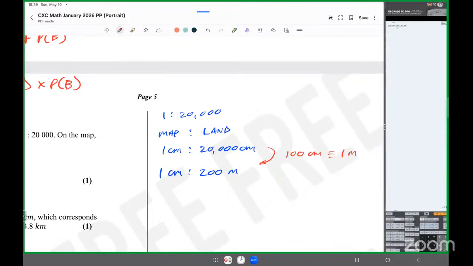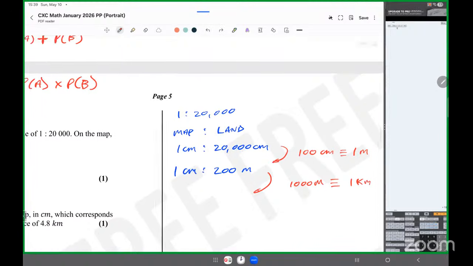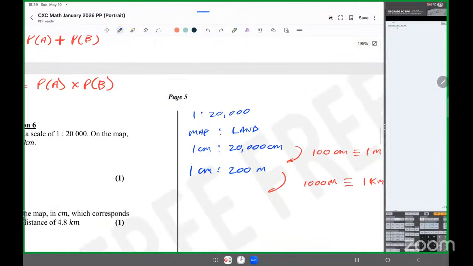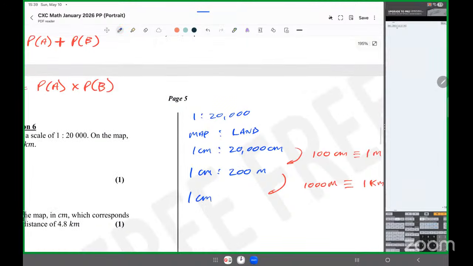And then the other conversion, to get kilometers, we use the fact that 1,000 meters is equivalent to 1 kilometer. So if you have meters and you want kilometers, you divide by 1,000. So the 200 meters is divided by 1,000: 1, 2, 3, the decimal point comes in front of the 2.